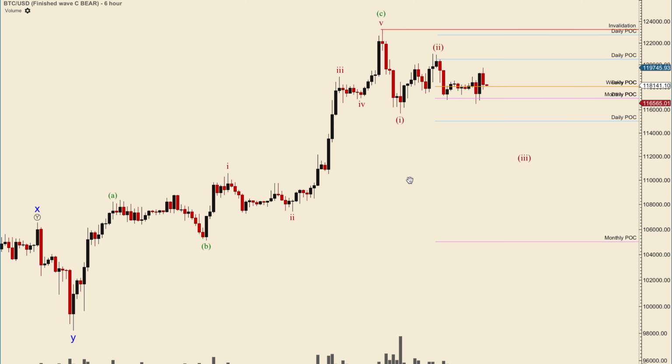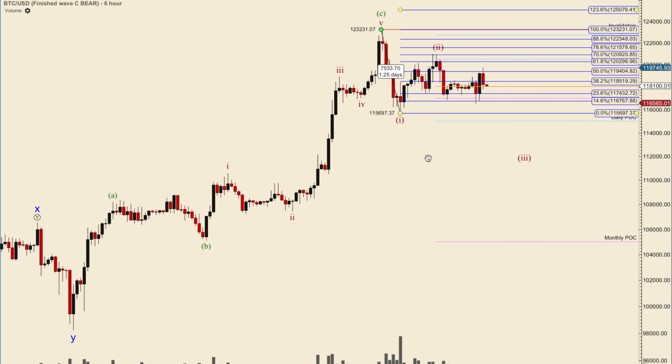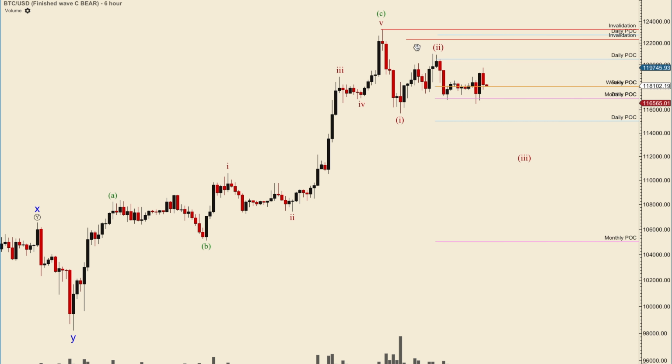But this scenario basically gets invalidated if we touch the 886 here. So here you can see the 886, and if we touch this, then basically this scenario is invalidated. This is a hard invalidation for the scenario, like to go over the start here. But if we touch the 886, then it's very unlikely that this is a scenario.